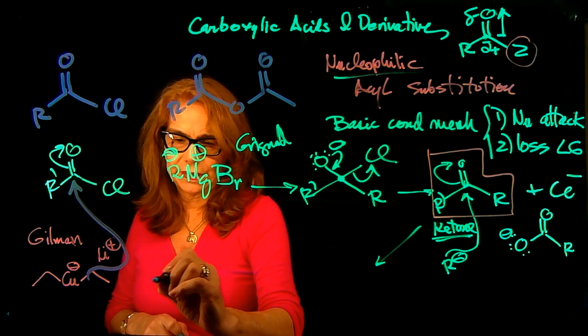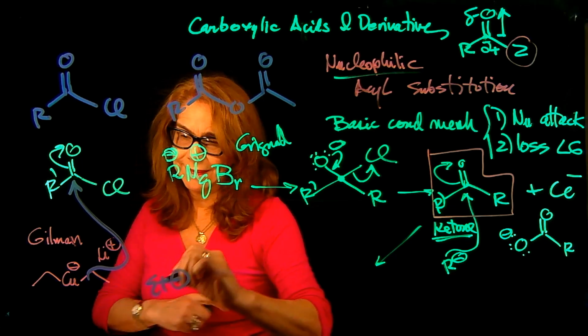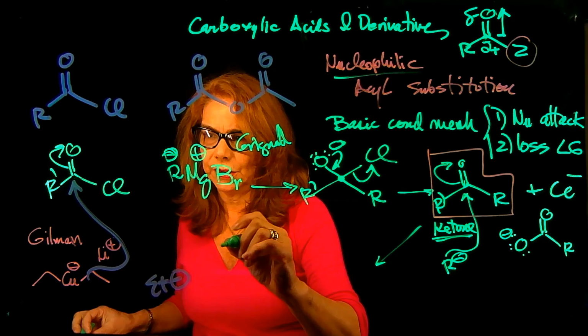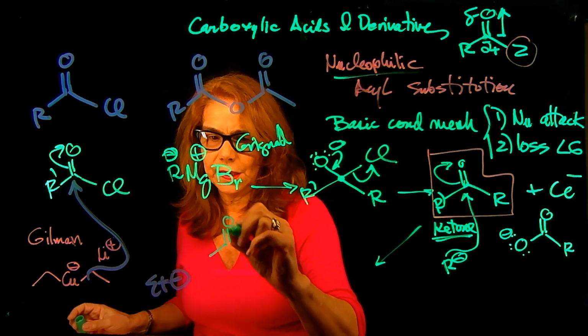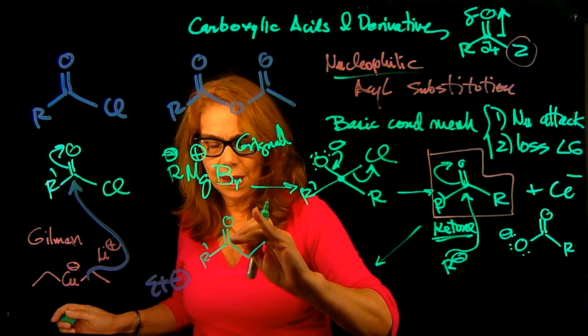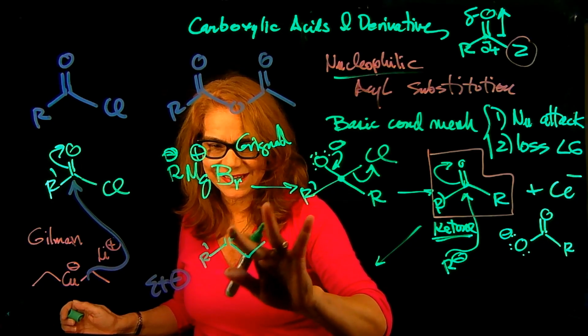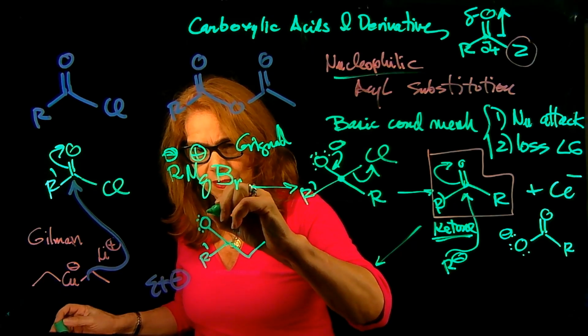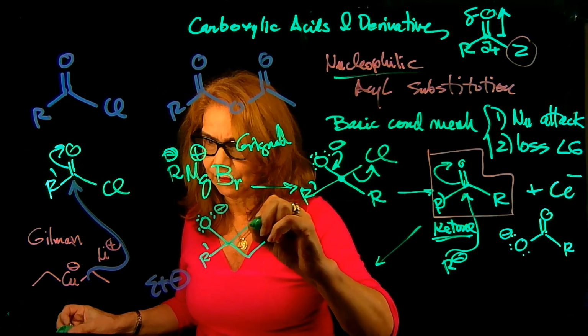So you're transferring essentially this. And you will form, similarly, a tetrahedral intermediate. Because I did that example with ethyl, then I'm going to have ethyl here. Not quite. So I have my tetrahedral intermediate. I was jumping one step.